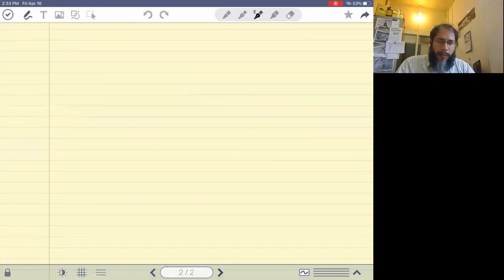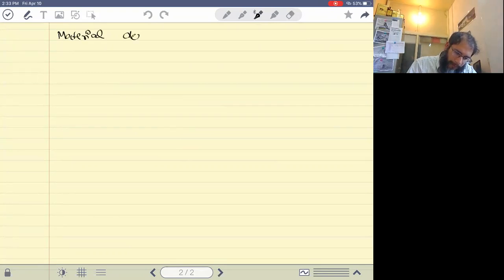We said that the material derivative is nothing but the time rate of change of a property. Earlier we denoted it using theta; this time we'll call it P. So we have the time rate of change of a property P, which could be a tensor.